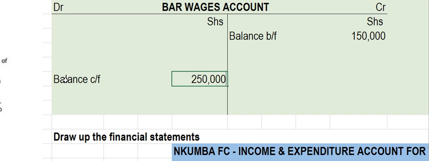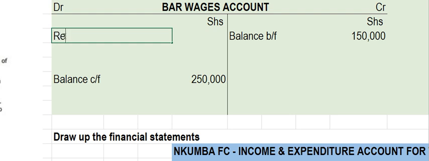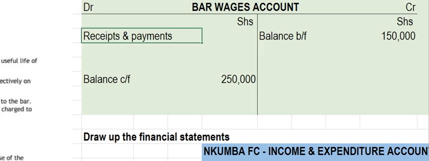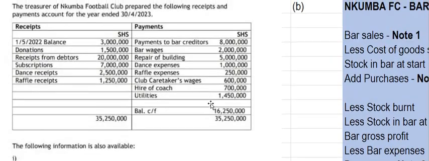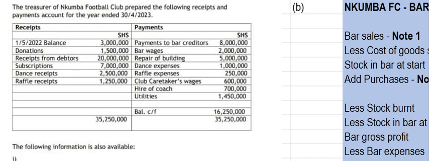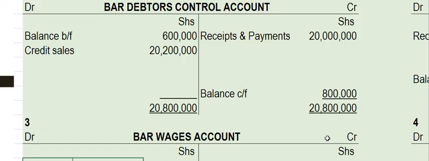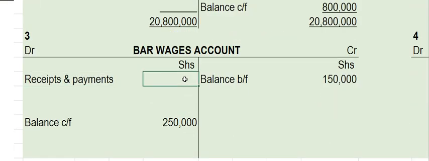In the receipts and payments account, a payment has been made for the bar wages. As per your receipts and payments account, bar wages of 2 million were paid. So you complete the double entry and debit the bar wages account 2 million.